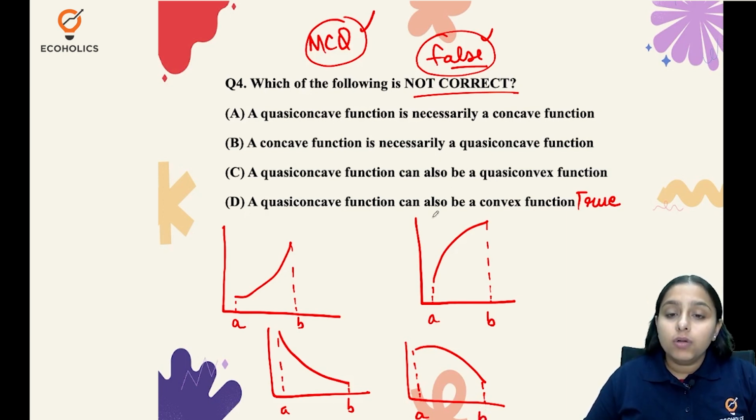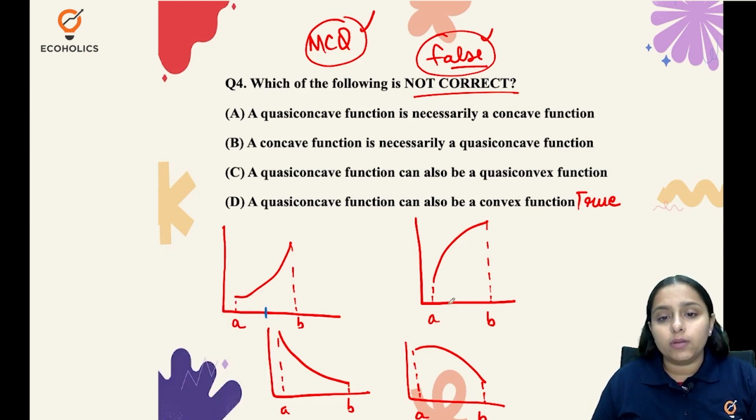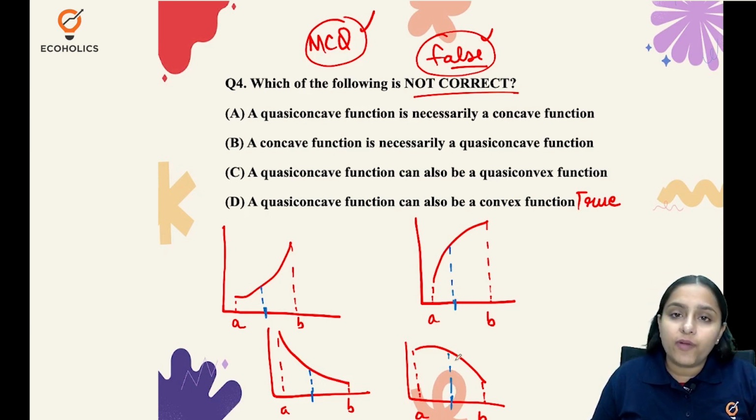So if you take any point between A and B, wherever, closer to A or closer to B, in between them, the value of the function at that point should be greater than or equal to the minimum value achieved.